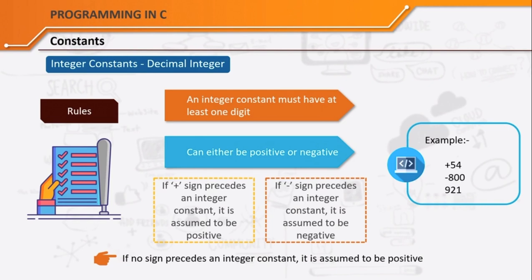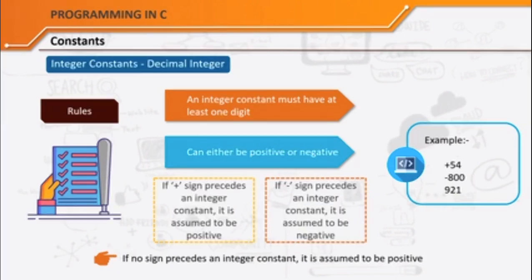In case any number is not preceded by a sign, it is considered to be a positive integer constant by default. Such numbers are called decimal integers, which are formed within the combination of 0 through 9 digits.